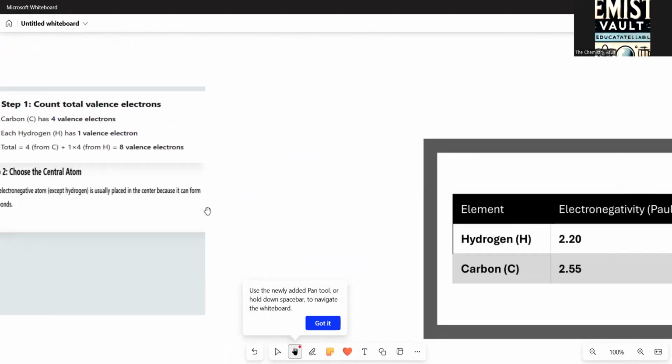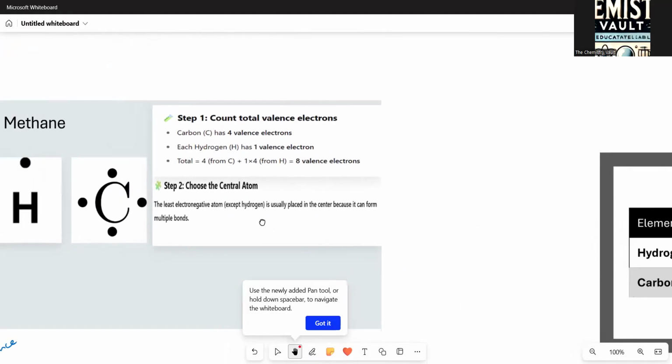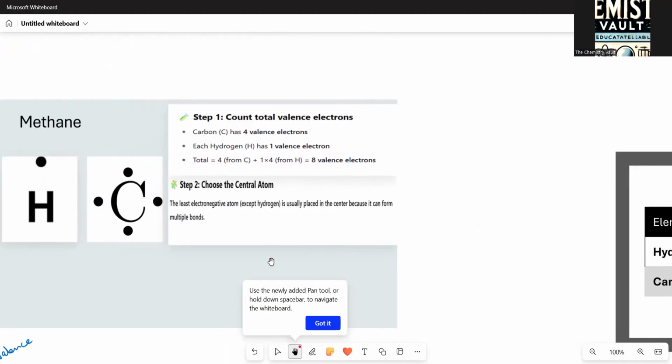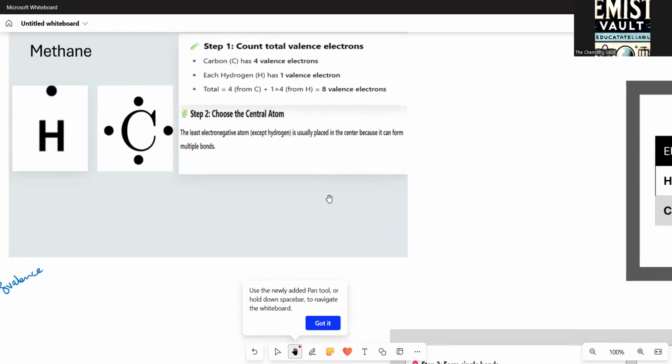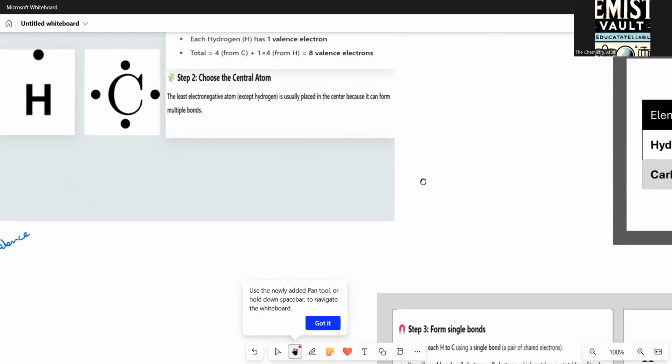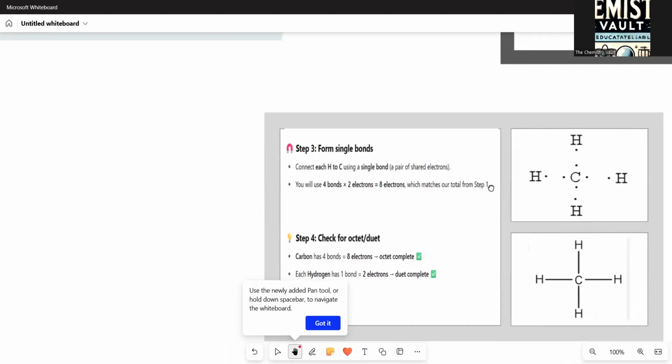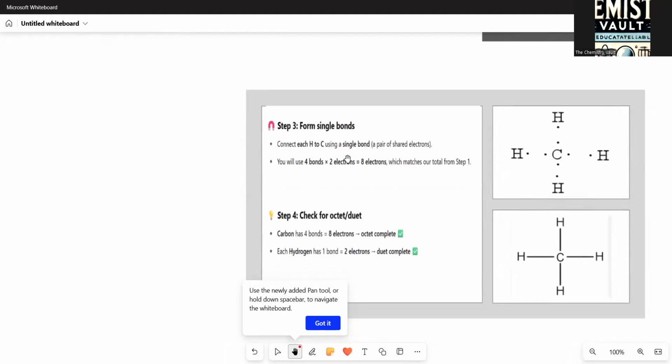Then why is carbon placed at the center? Because carbon has the ability to make four bonds, so we place carbon at the center. Hydrogen has the ability to form only one single bond, so we cannot place hydrogen in the center.